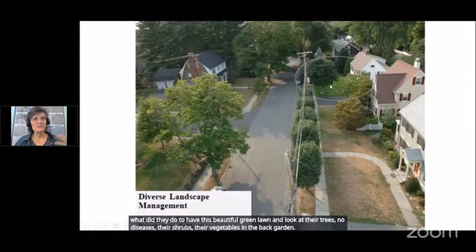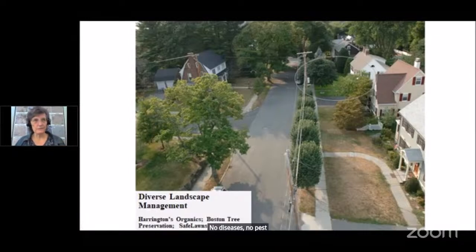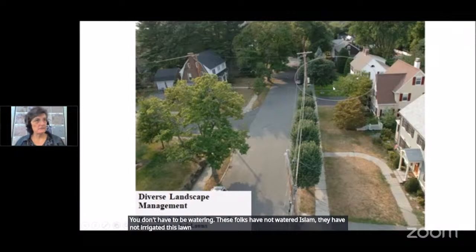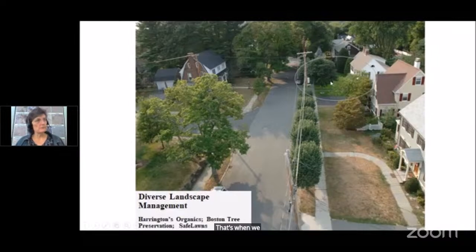No diseases, no pests, no problem organisms, no need to put on inorganic fertilizers, and even more, you don't have to be watering. These folks have not irrigated this lawn since a year ago October. That's when we started to assess the biology in their soil, and so that's always the first step.